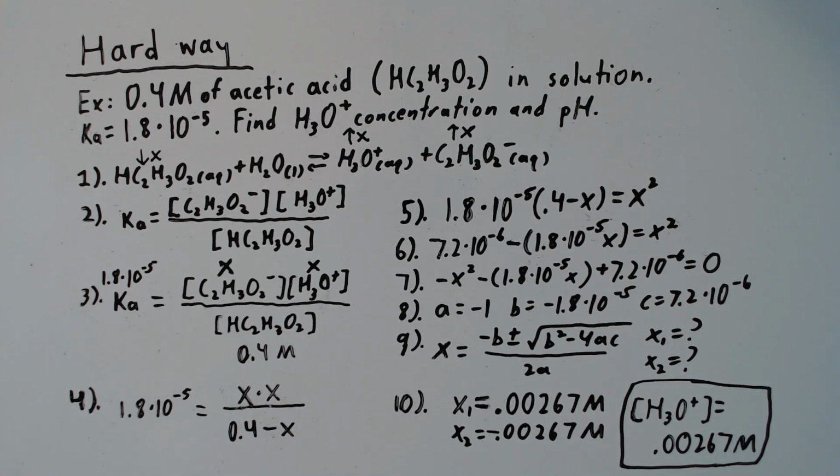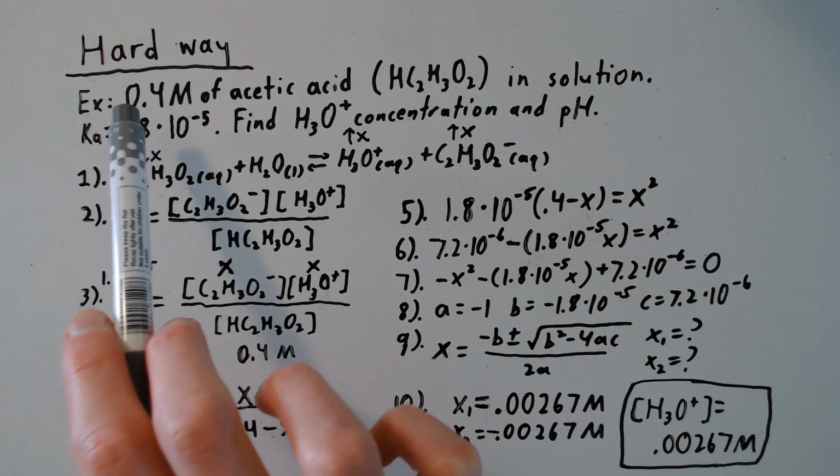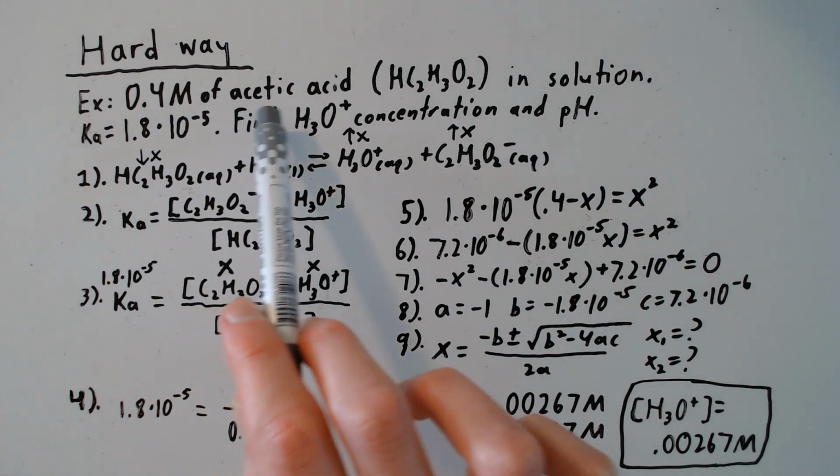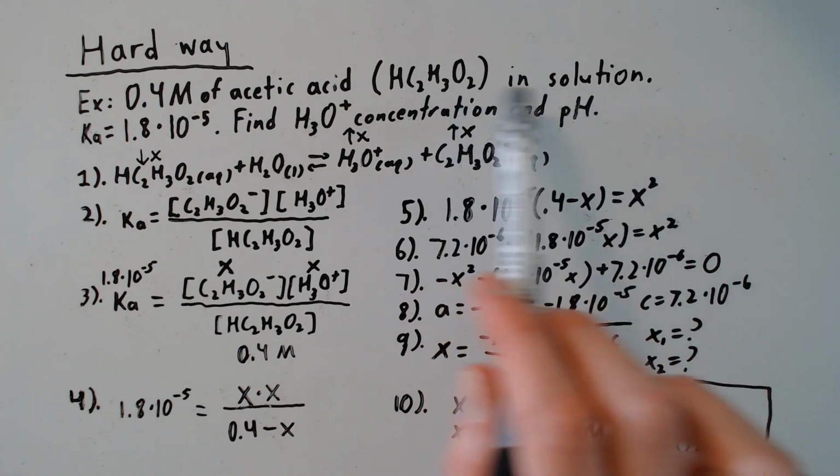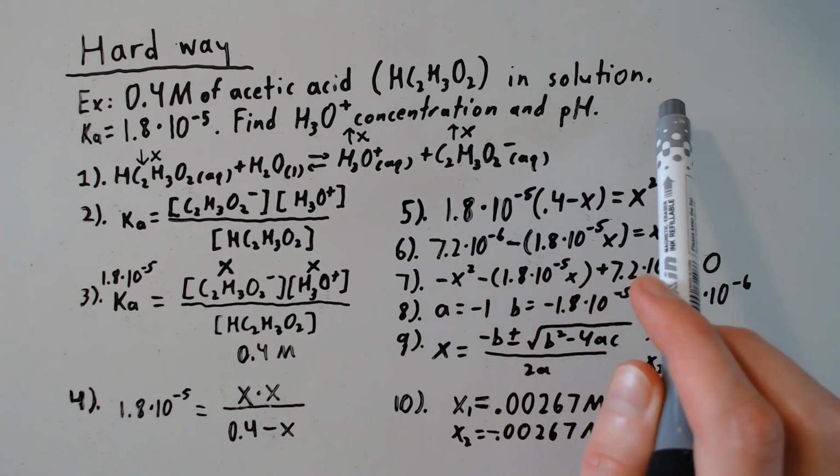Now I'm going to show you how to solve for the H3O+ concentration when we're given a certain concentration of an acid. So let's say basically we have 0.4 molar of acetic acid, HC2H3O2, in solution. So it's dissolved in our solution.